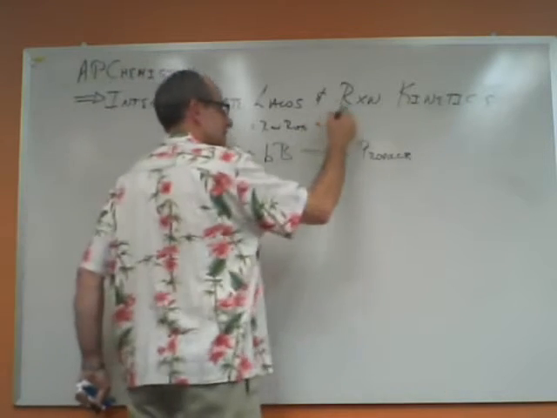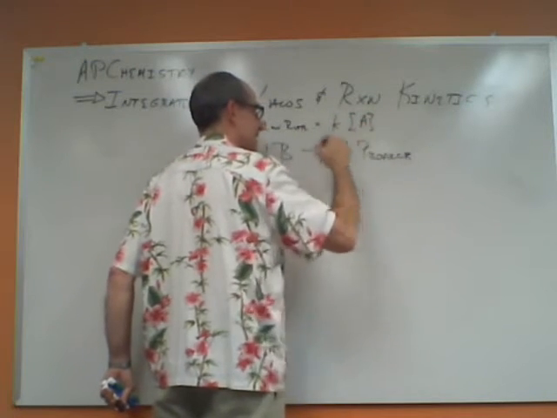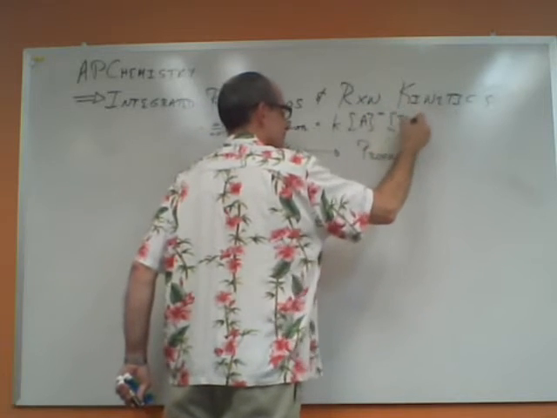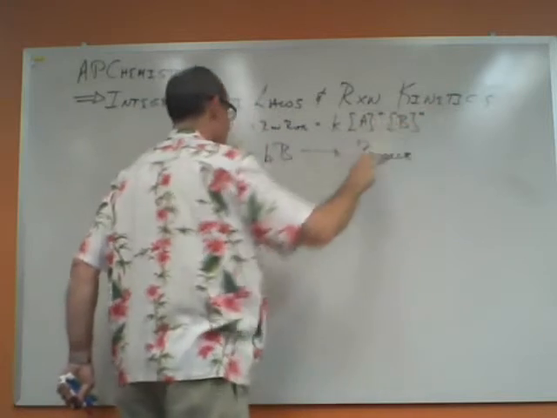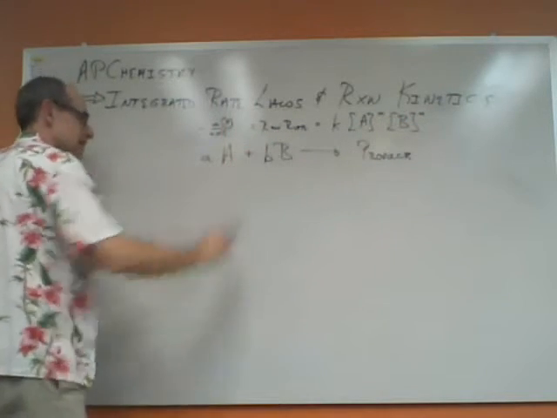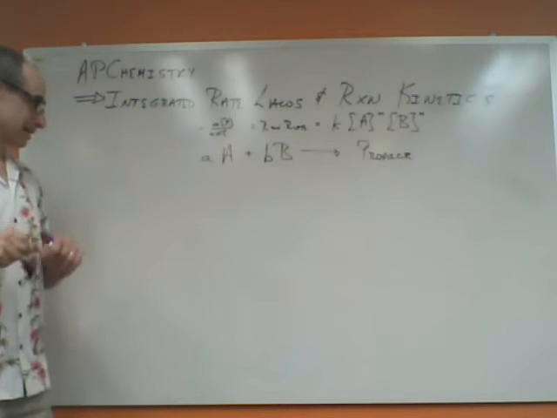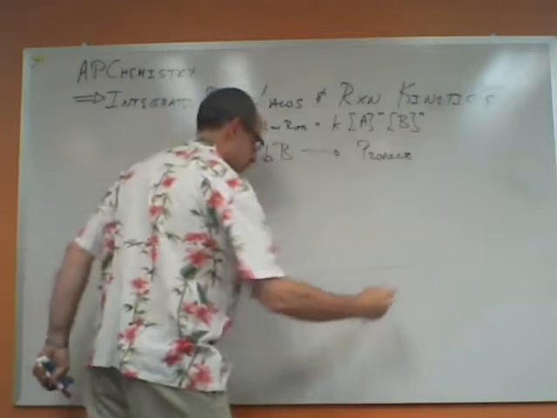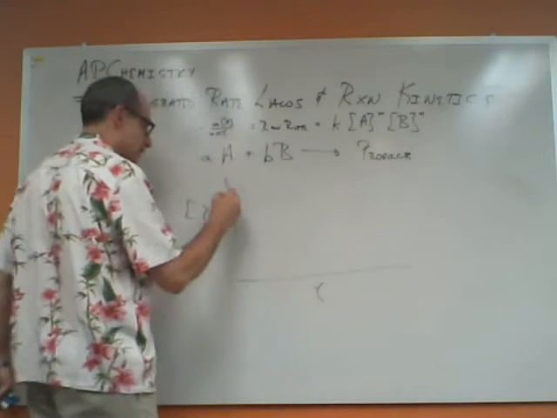And we'd have the expression some constant times the concentration of reactant A to some power times the concentration of reactant B to some other power, where these exponents are not necessarily the coefficients of the balanced equation, reflecting the reaction mechanism.